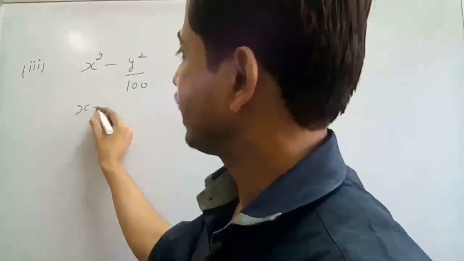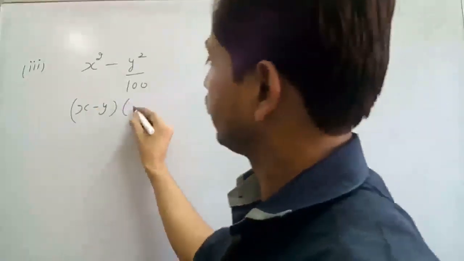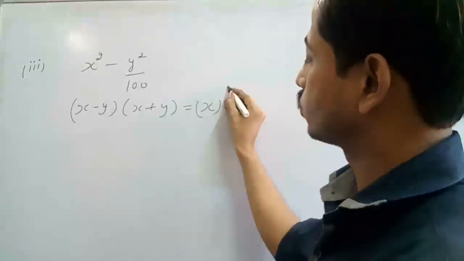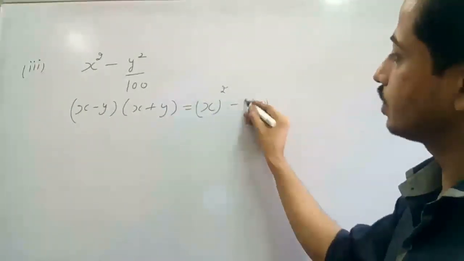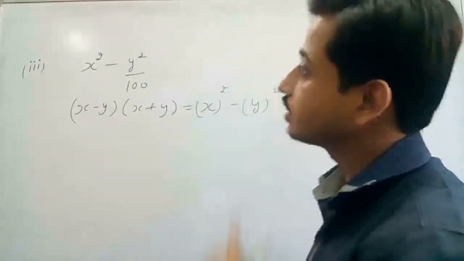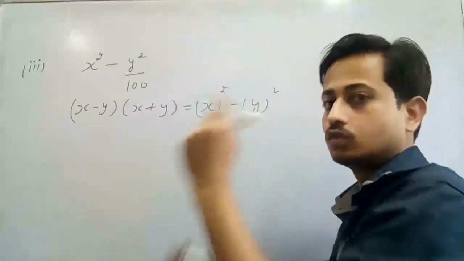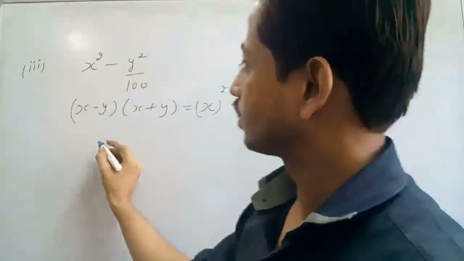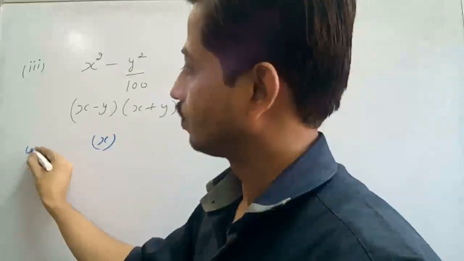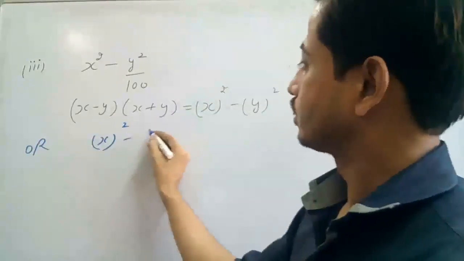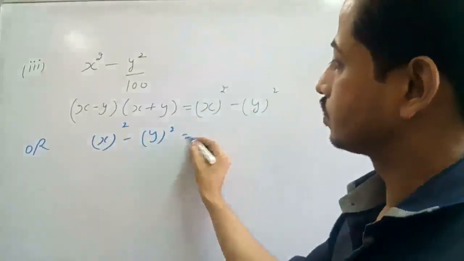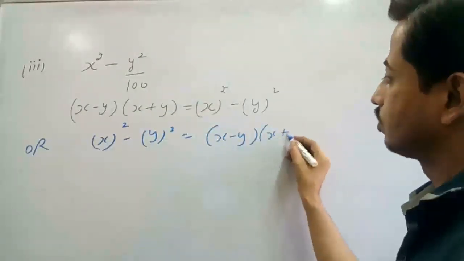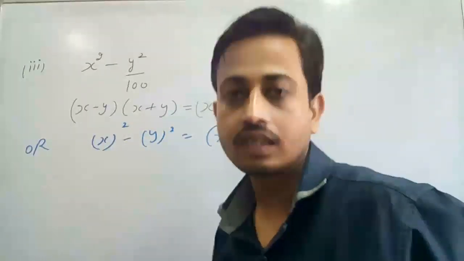Now this is the right hand side, so you can interchange the left hand side and the right hand side. It looks like x square minus y square is equal to (x minus y) into (x plus y), because the identity is the same.